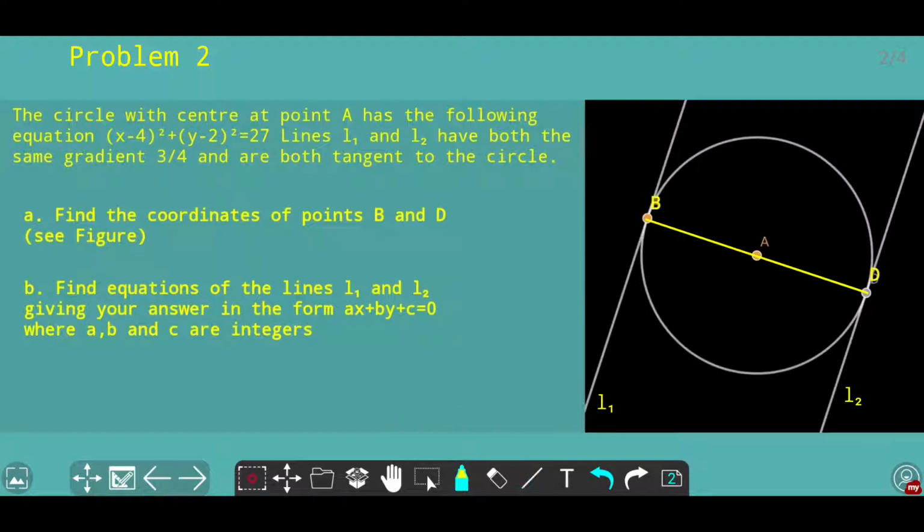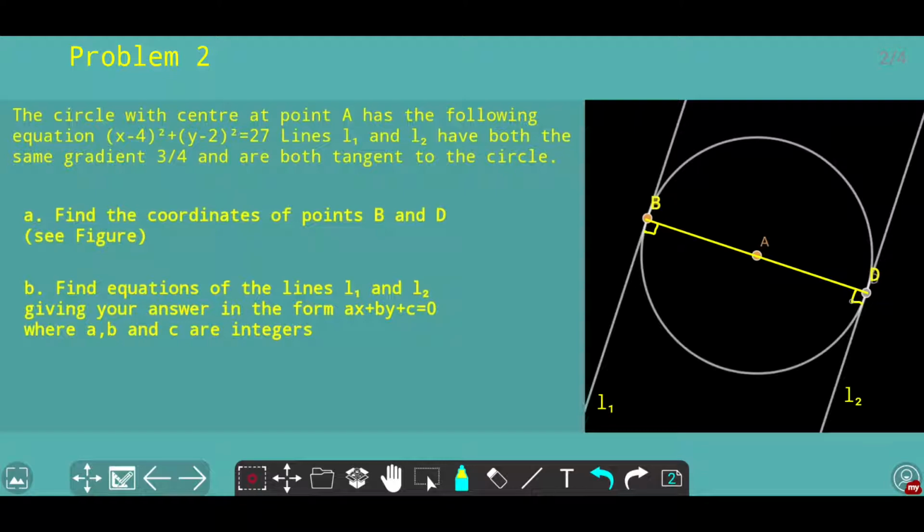First of all, segment AB stands for the radius, and according to the relation between the radius and the tangent line, because L1 is obviously a tangent according to the conditions, they are perpendicular to each other. The same conclusion we can make for segment AD and line L2, which are also perpendicular.